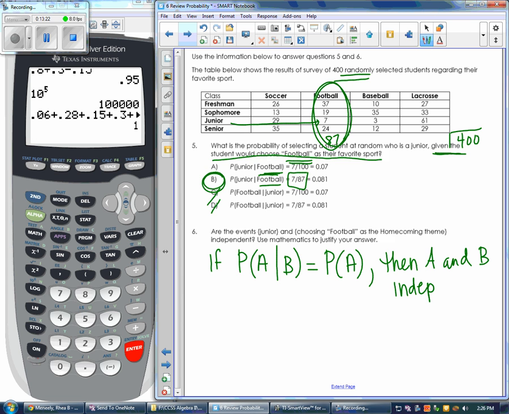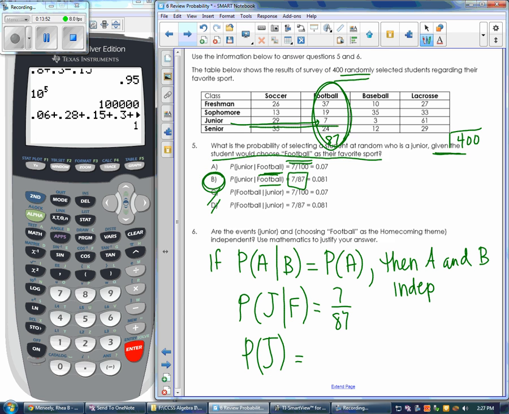And so I just found out that the probability of junior given football is 7 out of 87. So if I can show that this is also equal to the probability of choosing a junior, and if I can show that those two probabilities are the same, then I can conclude that these two events are independent. So let's find the probability of selecting a junior.